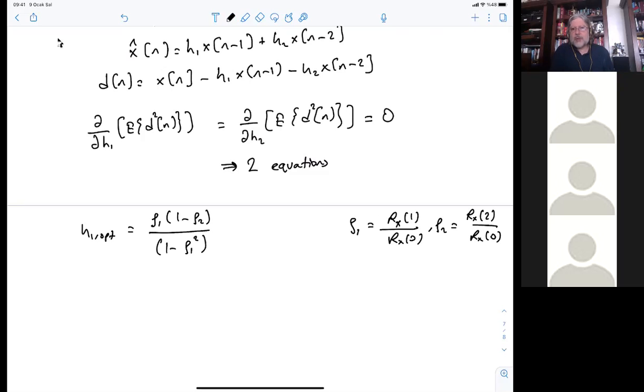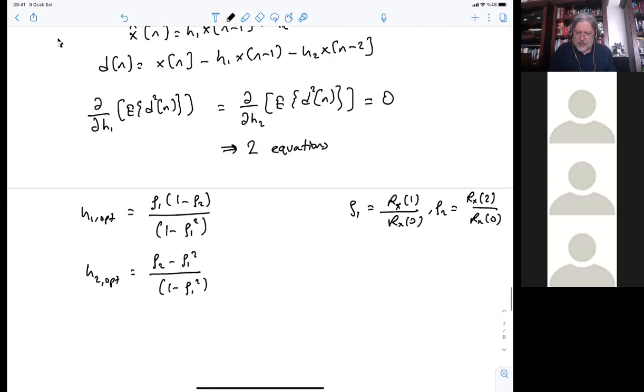By the way, rho 2 is not necessarily less than rho 1, but both of them are less than 1 and greater than -1. The second optimal coefficient is rho 2 minus rho 1 square divided by 1 minus rho 1 square.